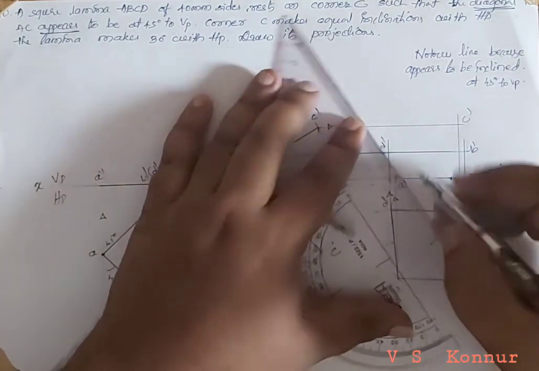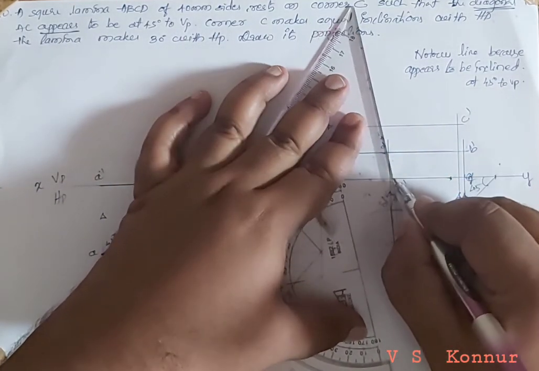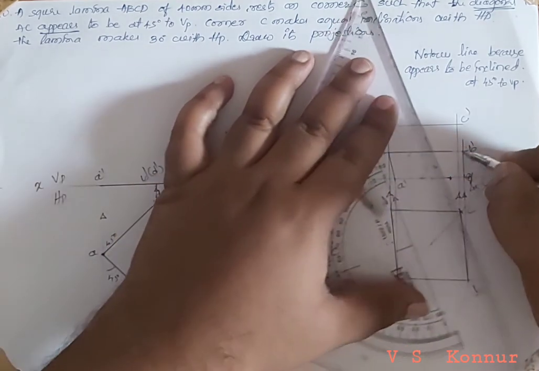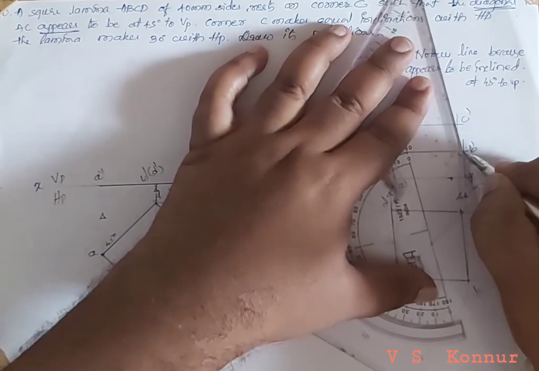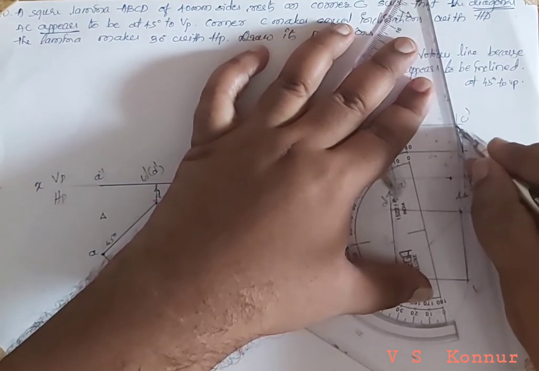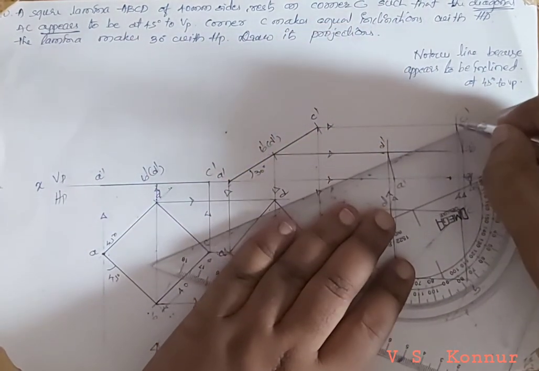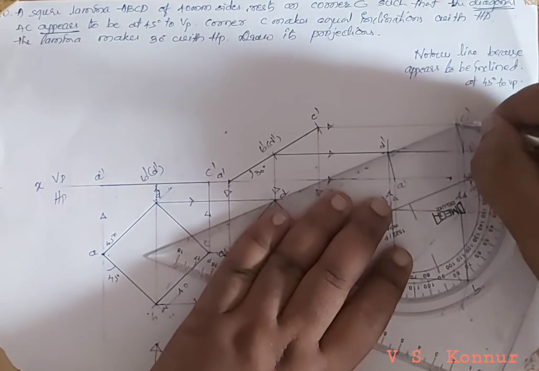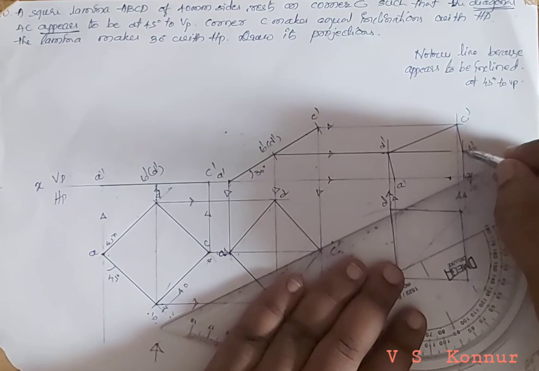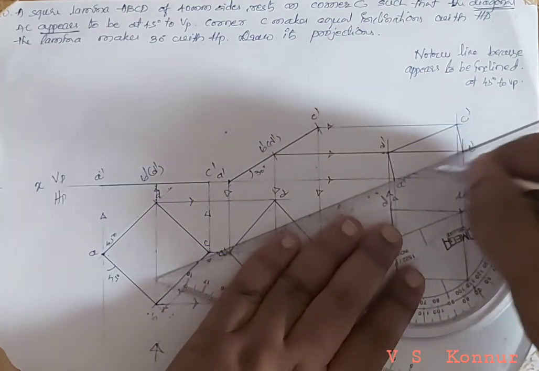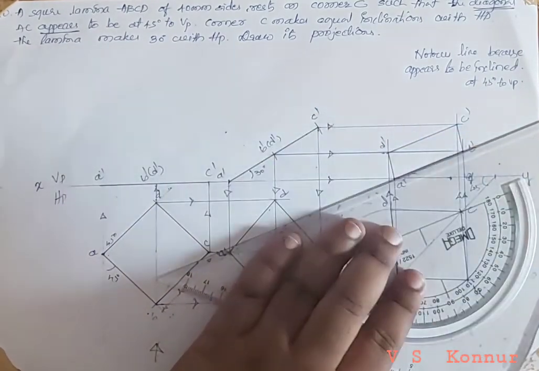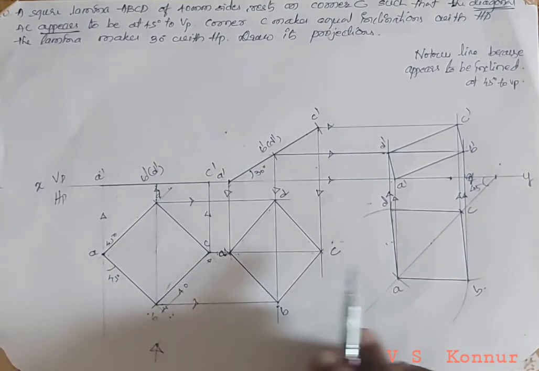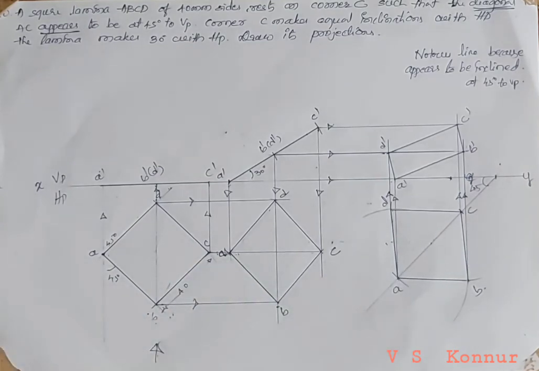Now we'll join ABCD, A to D point, next B to C point, C to D. Right, this is how you have to construct appears to be inclined. That diagonal appears to be inclined to VP at an angle of 45 degree.